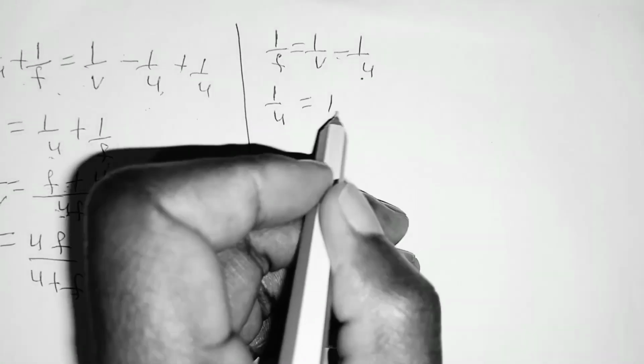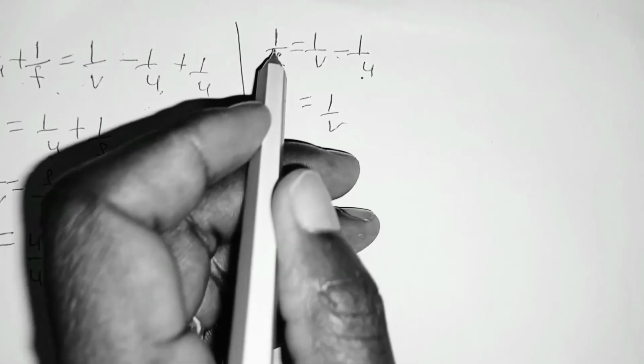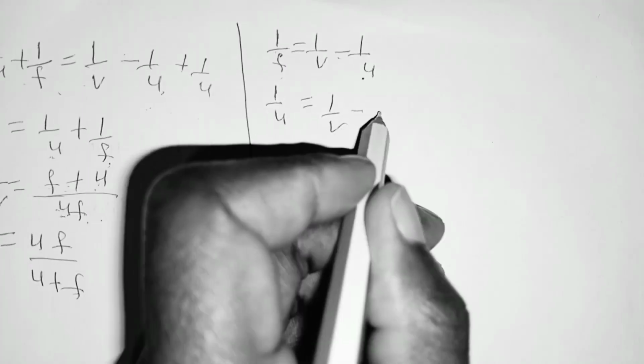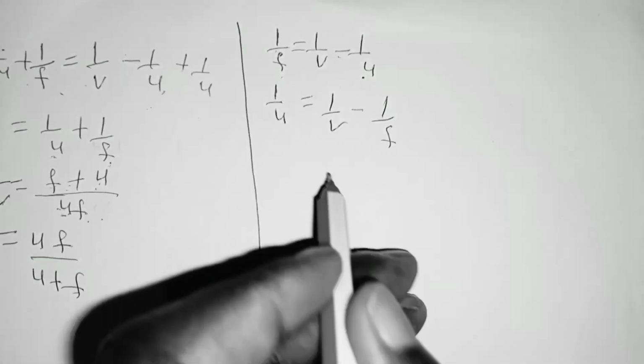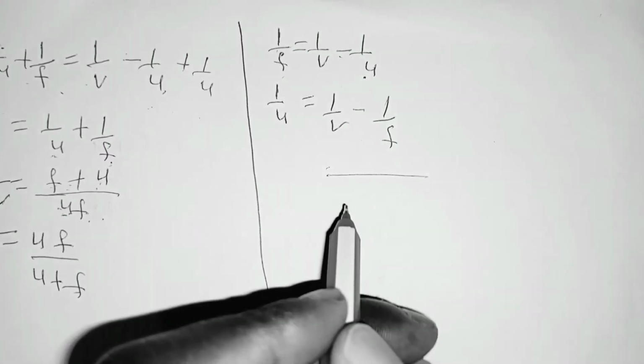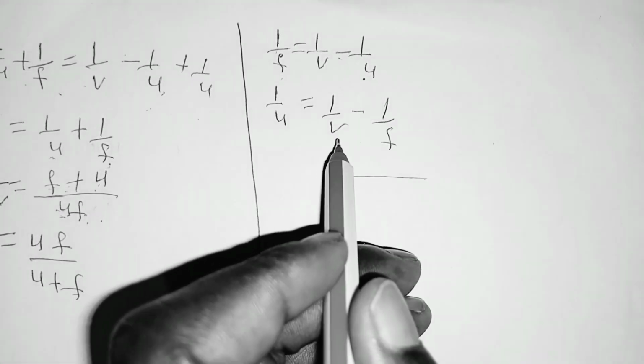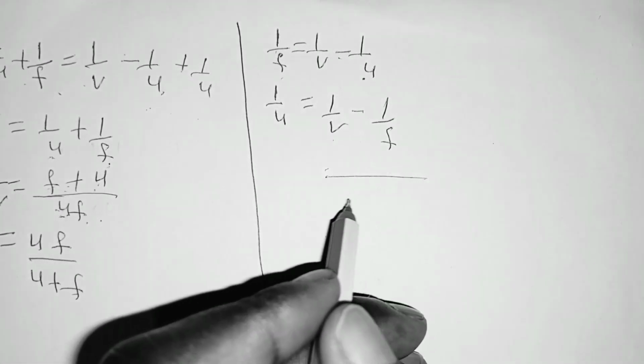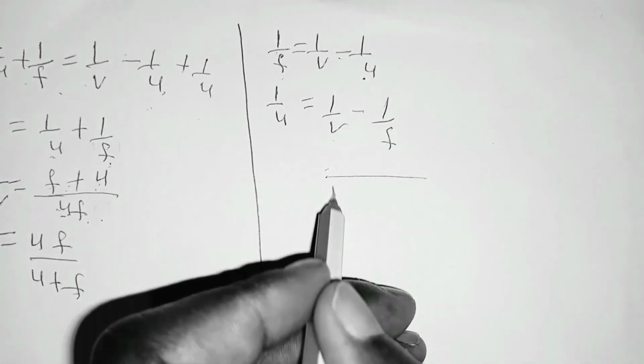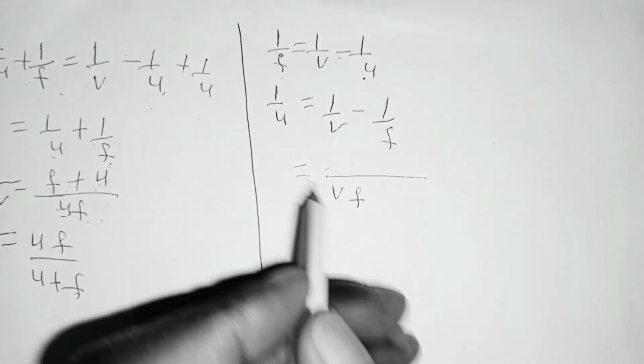Then 1 over F, you take to the right hand side so that it will be minus 1 over F. Then on the right hand side, you take the LCM of V and F, which is VF.